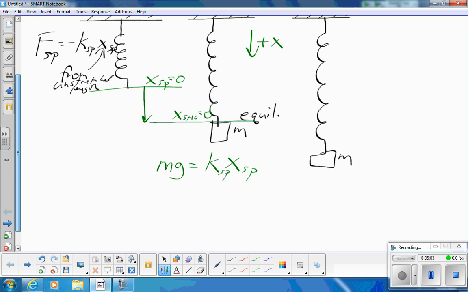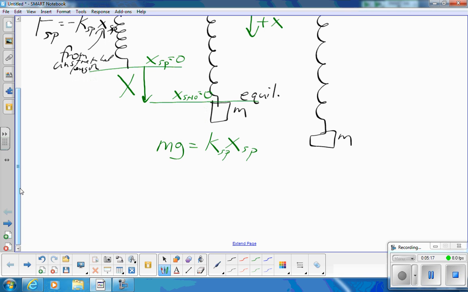And so I'm going to call it big capital X, big X. And that big X is the amount the spring stretches when this mass is at equilibrium. So again, for this particular mass, that's a fixed amount of distance. So I'm going to rewrite this equation. mg equals k SPA times big X. And that's the amount of stretch when the mass is at equilibrium.